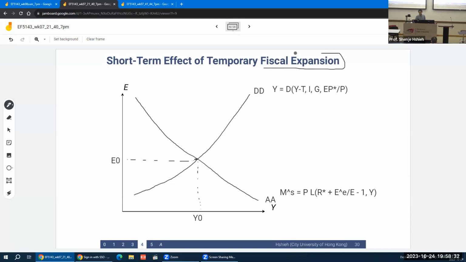Fiscal expansion refers to two specific parameters. That's this one, the T, and the G. Okay. An example of T is obvious, just a tax cut for a given tax bracket. So if you want to help the middle class, you cut the tax on the middle class. Then in aggregate, of course, more disposable income.